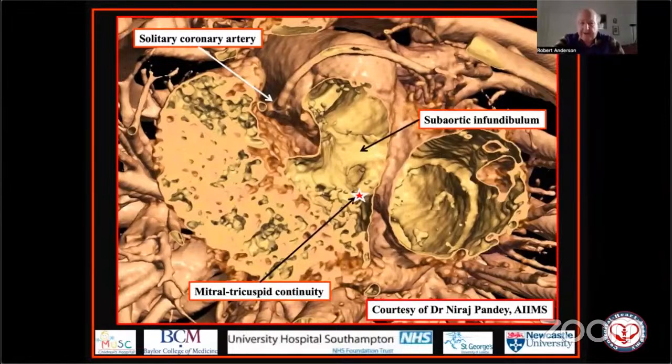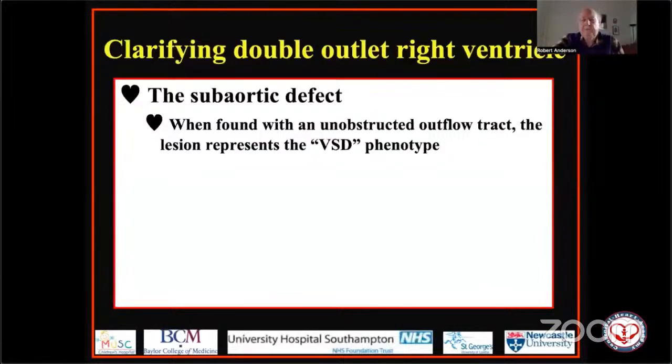That is the area where the conduction tissue will be at greatest risk. What we need to know is the margins around which the surgeon will place the patch so as to tunnel the aortic root back into the left ventricle. And the fact that the surgeon has to tunnel the root tells us that we are dealing with double outlet.